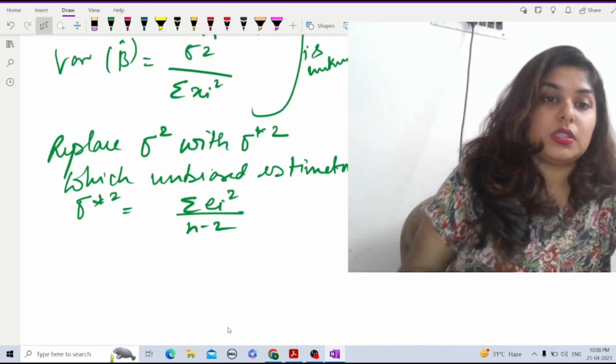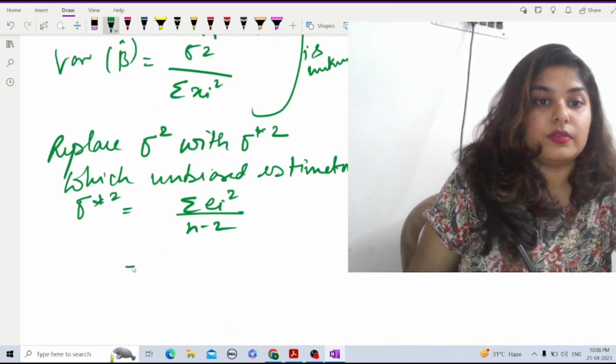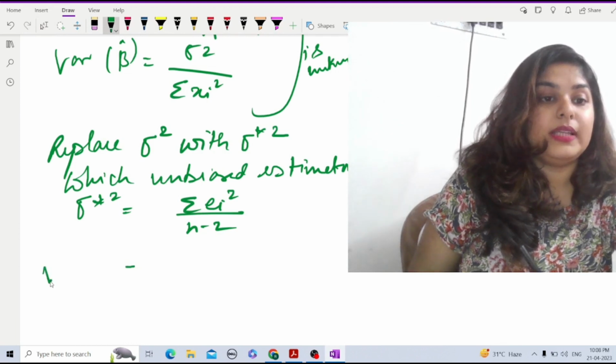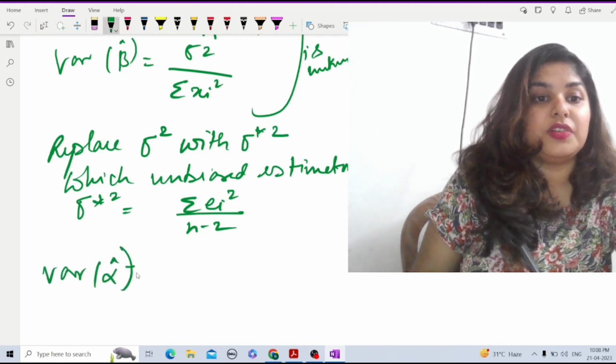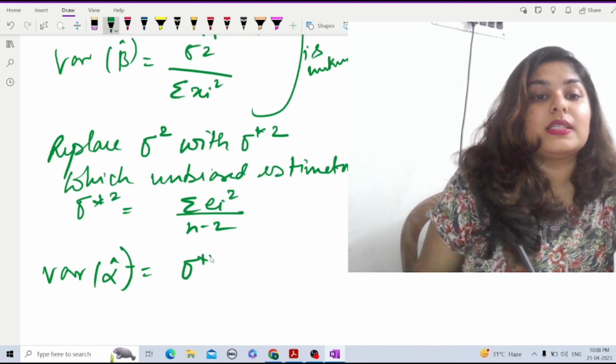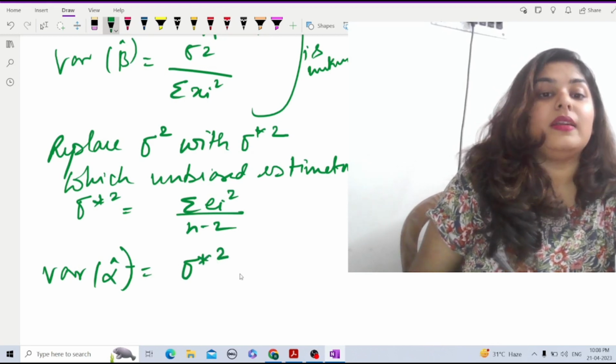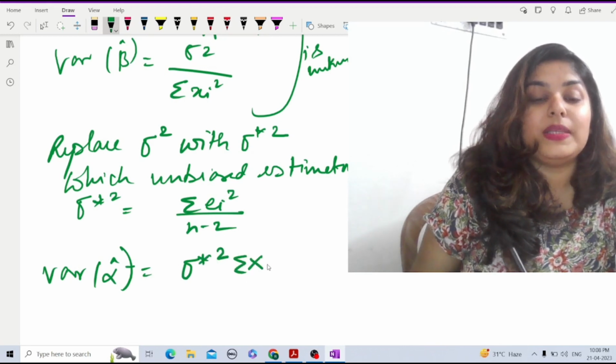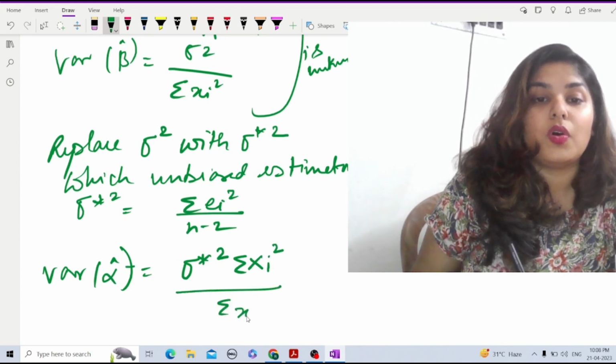Let us put the value of summation ei square here. Before that, let's write down the variance of alpha hat. It becomes sigma star square times summation capital xi square divided by n times summation small xi square.